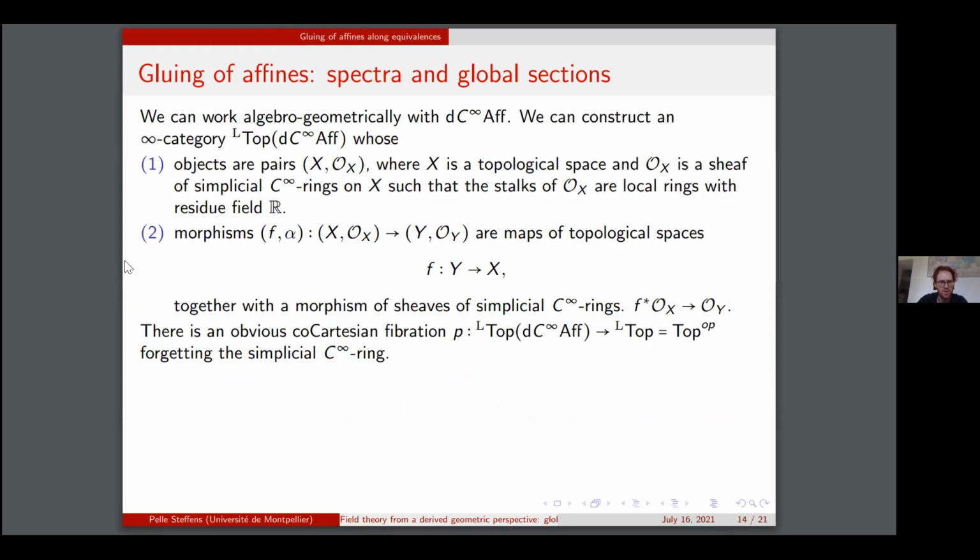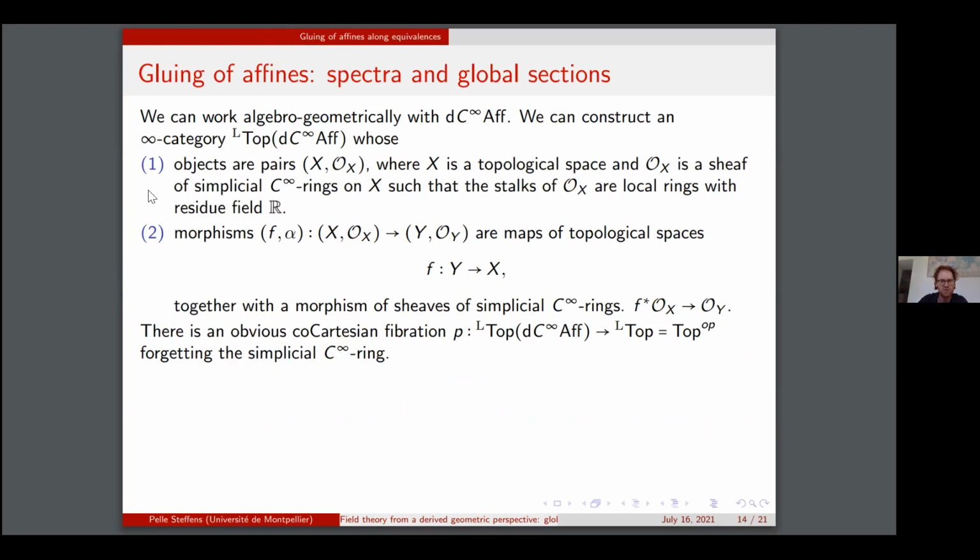Okay, so this representability theorem I showed you in the first slide says that when we look for the spaces of solutions of differential equations, we cannot expect that they will be affine, but they will be glued via affines along equivalences.